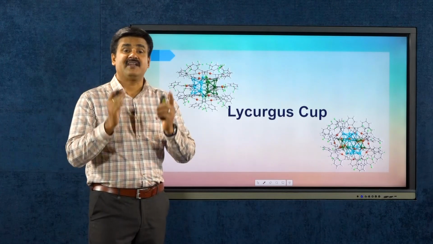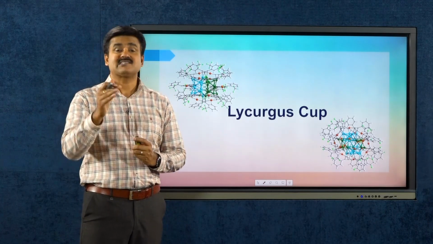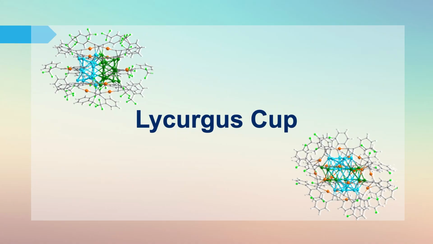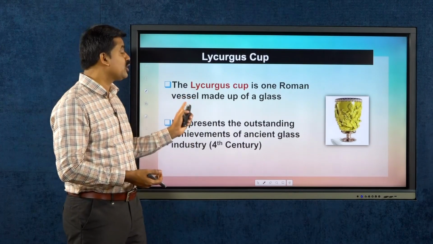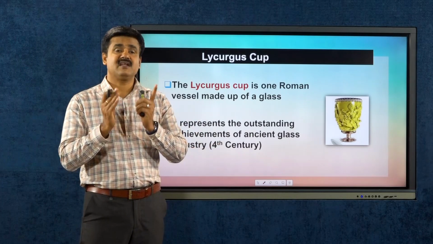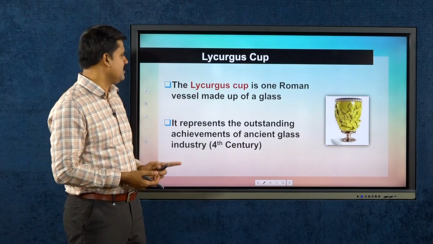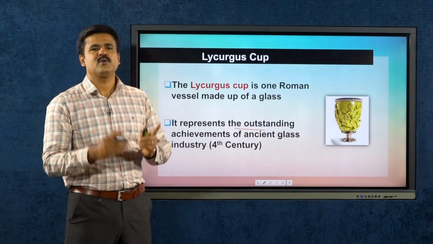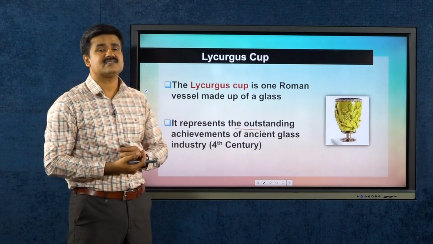Now, another important material associated with the history of nanotechnology is the Lycurgus cup. The Lycurgus cup is a Roman glass vessel, and this cup represents the outstanding achievements of the ancient glass industry in the 4th century.